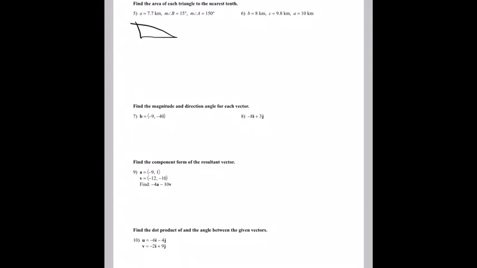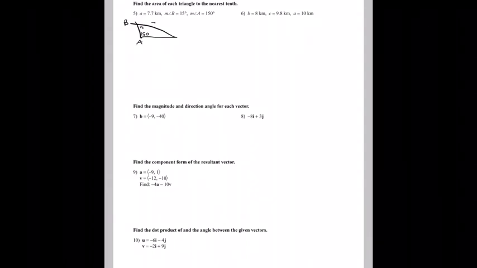We have a triangle, angle A is 150, angle B is 15 degrees, and side A is 7.7.